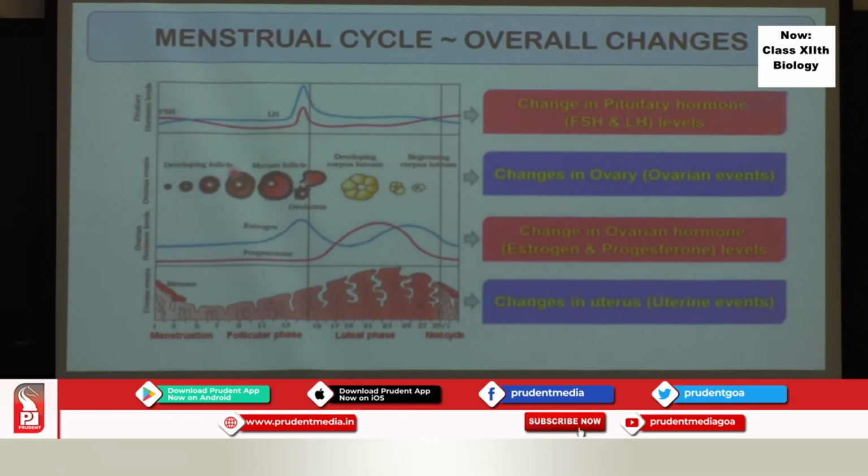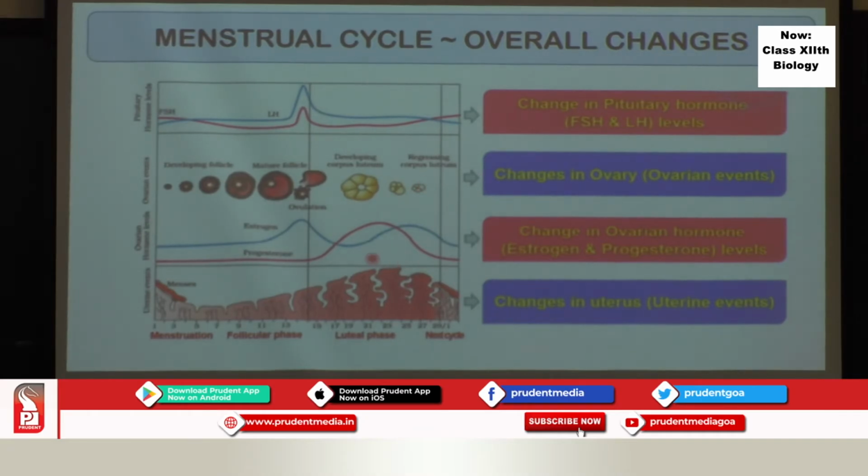During the follicular phase, the follicles are maturing. During ovulation, the Graafian follicle is ruptured and the secondary oocyte is released. Then the luteal phase, the third phase, where the corpus luteum develops, and if fertilization does not take place, it will disintegrate.